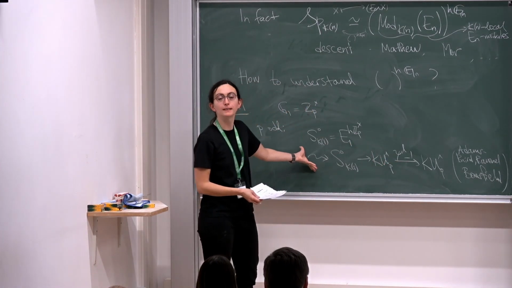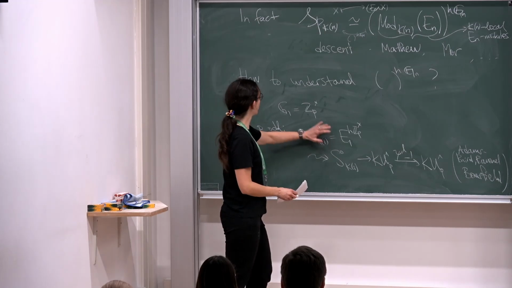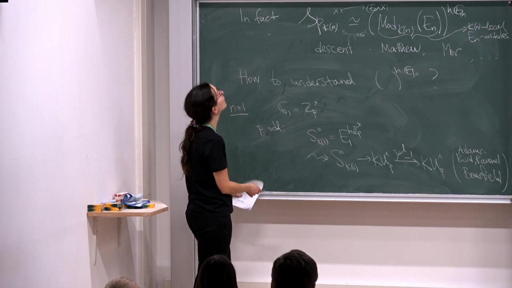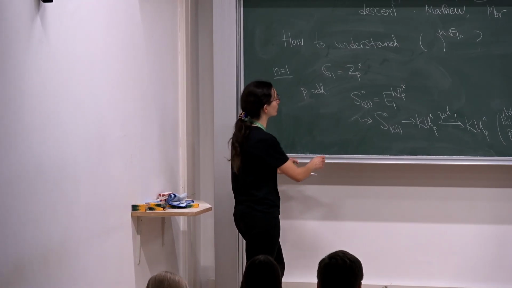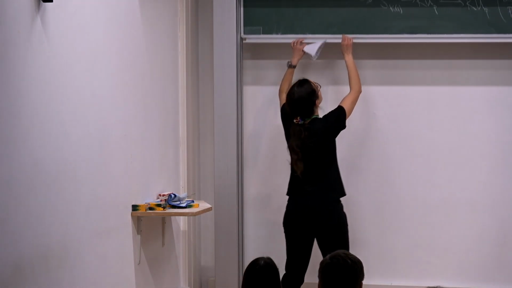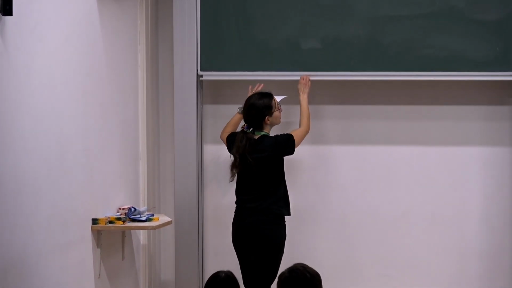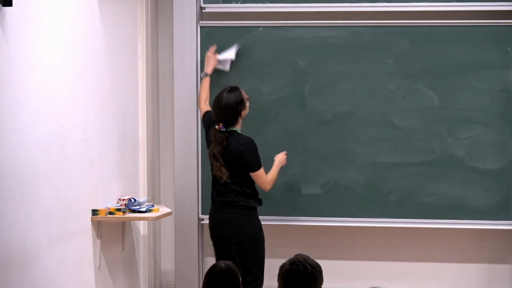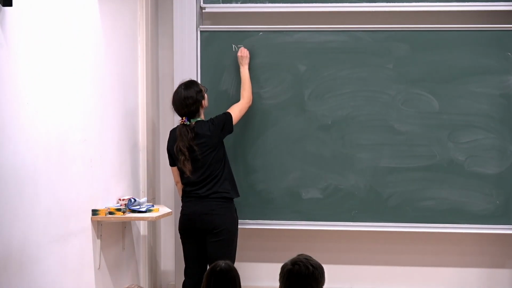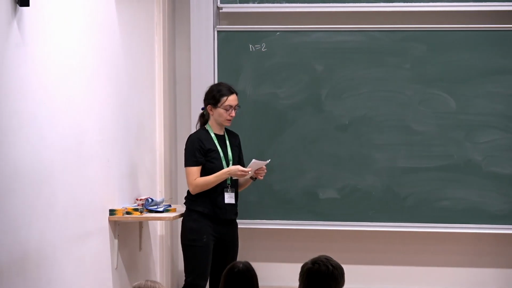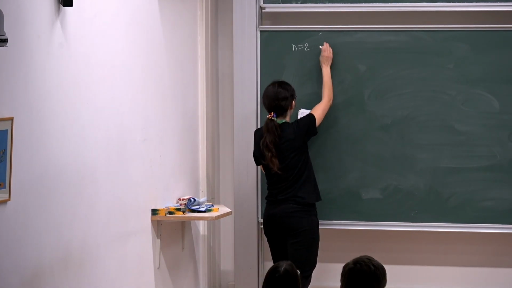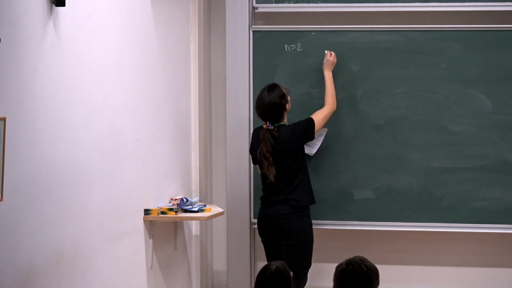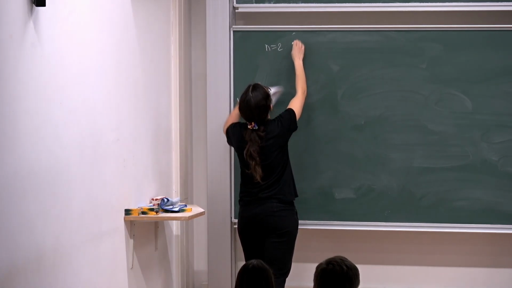So this is kind of nice and easy, but already when we look at n equals 2, the situation is quite a bit more complicated. Well, actually, you know what?